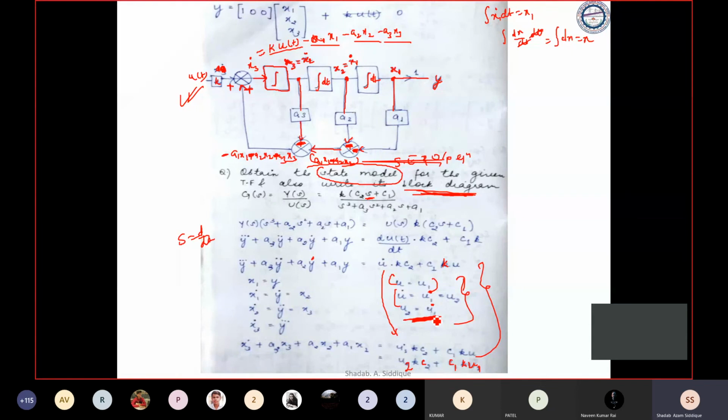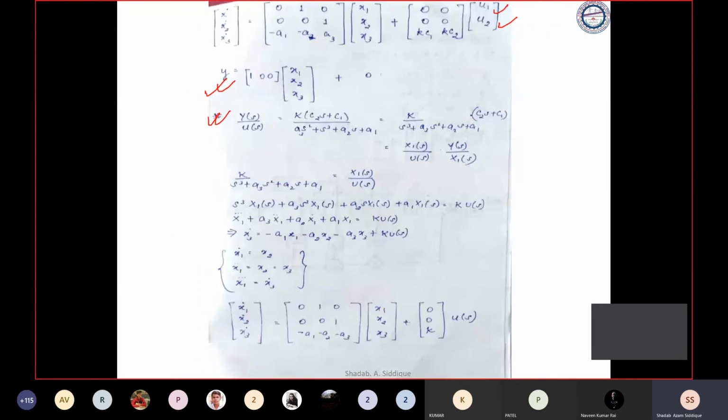So you cannot have two inputs simultaneously. Although you represent this u1 and u2 in a state model, these are not the actual two inputs. The actual input was only u of t, only one input.